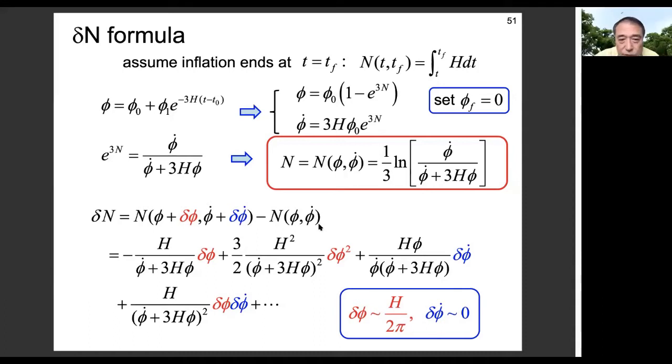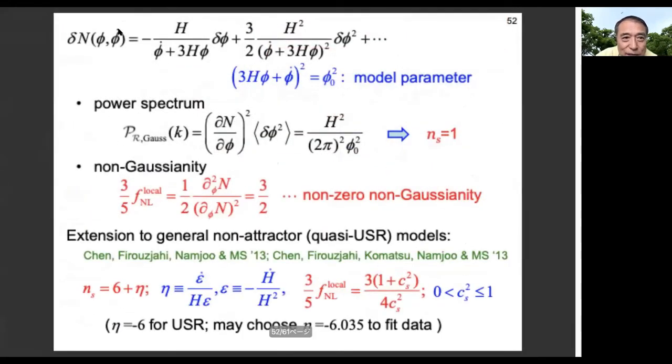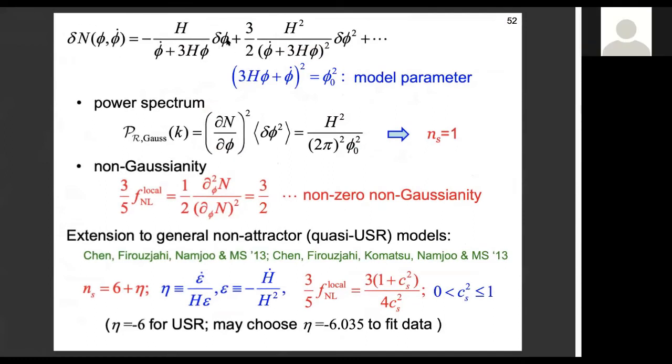It's simple. When you compute the 3-point function of delta n, you will have a delta phi, and that will be non-vanishing if this has a non-trivial 3-point function.